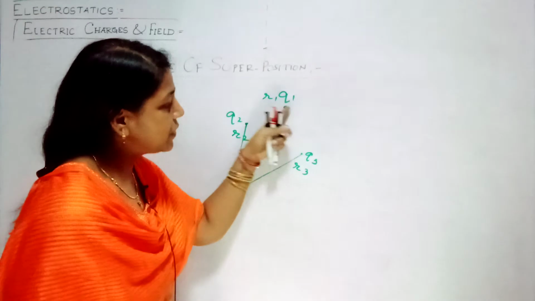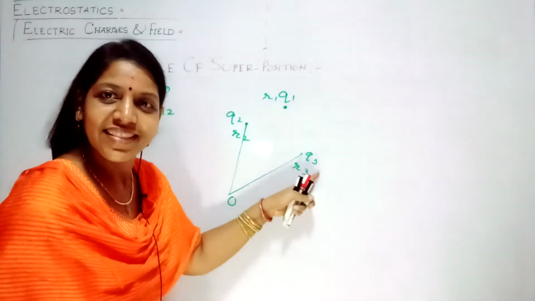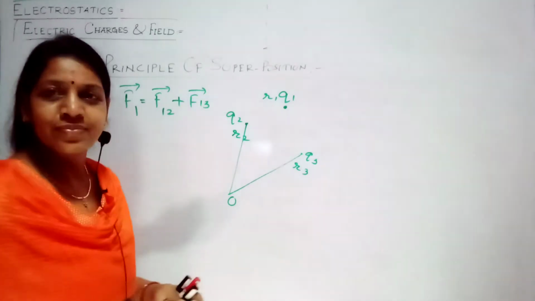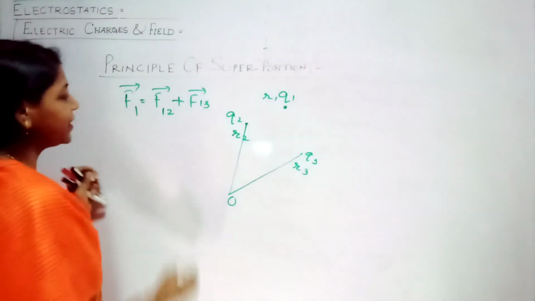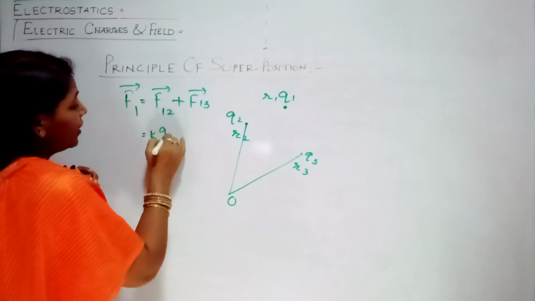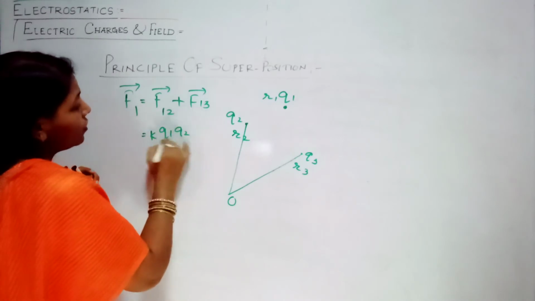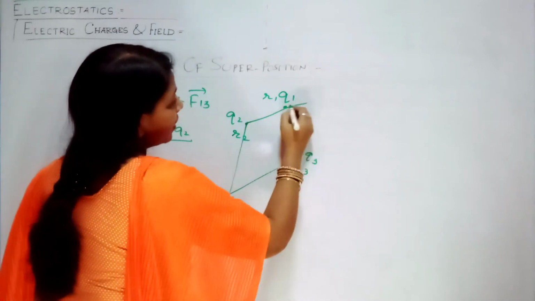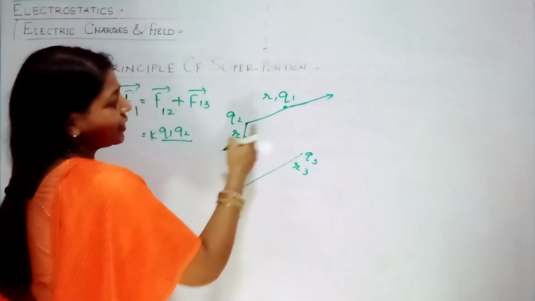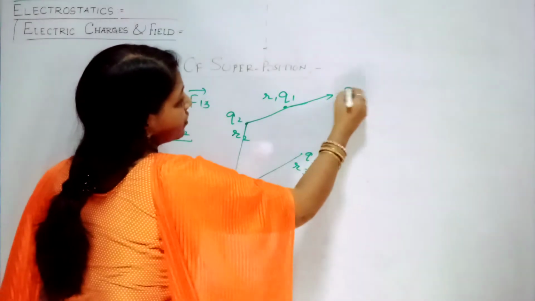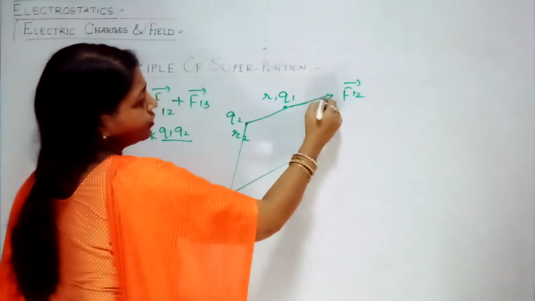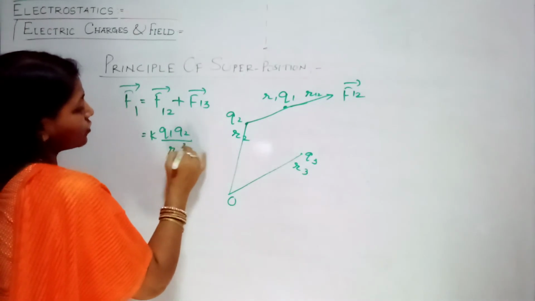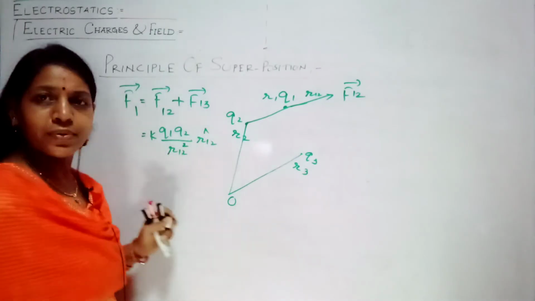Similarly, the force experienced by charge 1 due to charge 3, what will I write it as? F13 vector. Now what is the F12 vector? It is nothing but K Q1 Q2 by R12 square, R12 cap, where R12 is the vector along the line joining the charges.